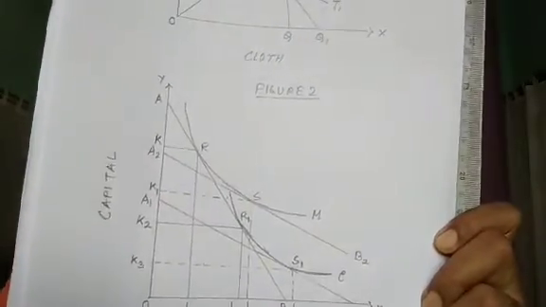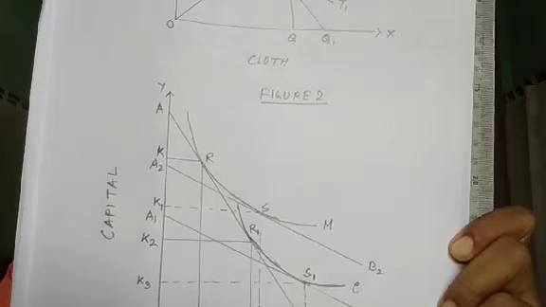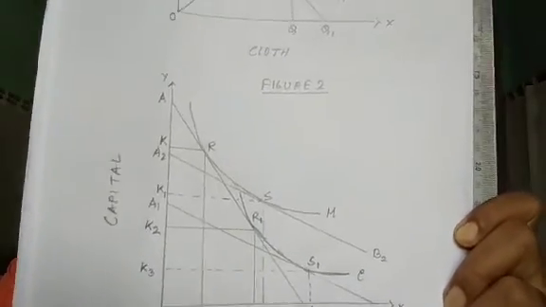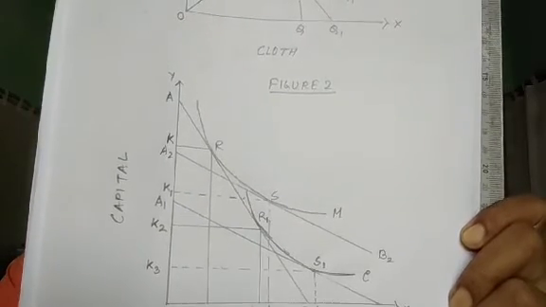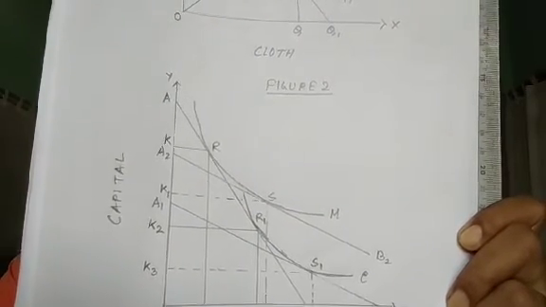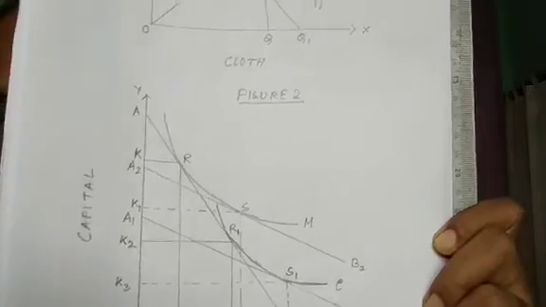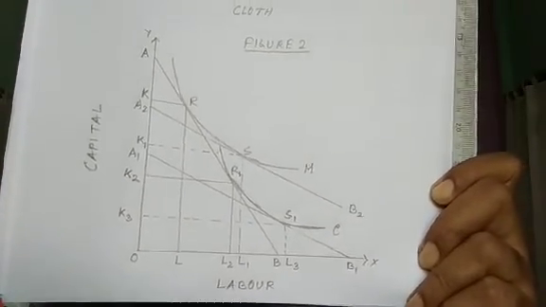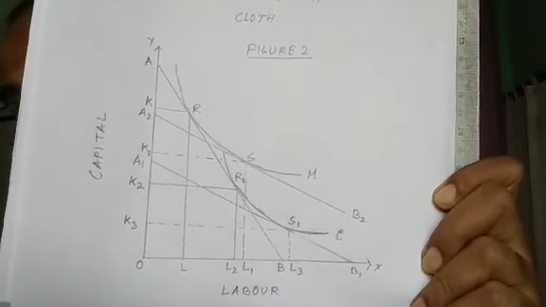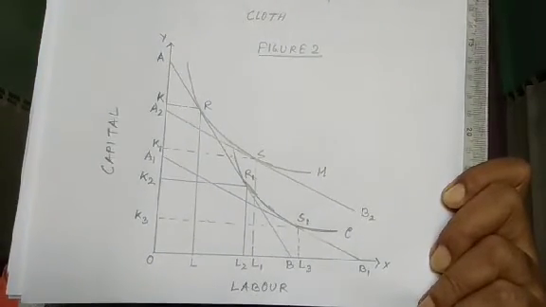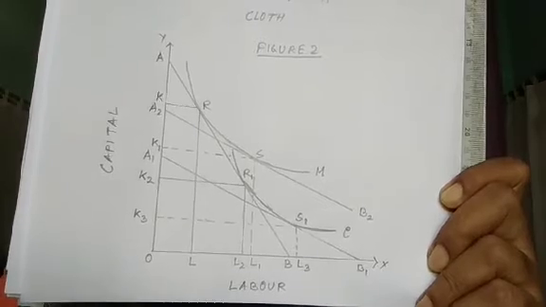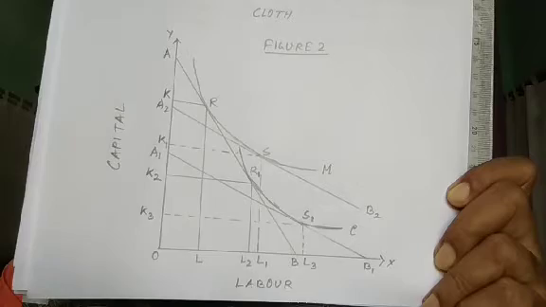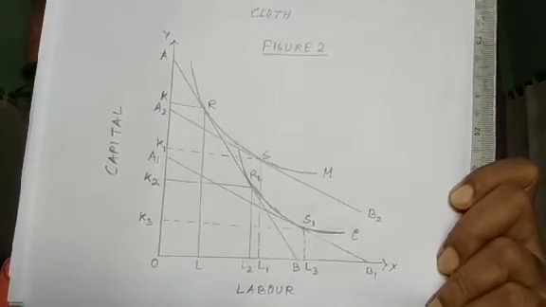Similarly, to produce 1000 meters of cloth, country A requires OL2 units of labor and OK2 units of capital at point R1, the point of tangency between country A's factor price line AB and the isoquant of cloth C representing 1000 meters of cloth.